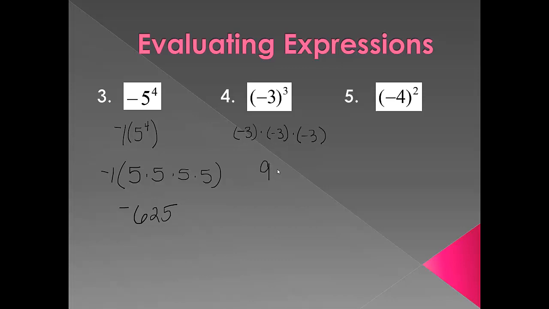So we have 9 times -3, and 9 times -3 is -27. And for number 5, we have -4 to the 2nd power, or -4 squared. The negative will go ahead and stay with the 4 because of these parentheses. So we know that we have -4 times -4. -4 times -4 would be +16.